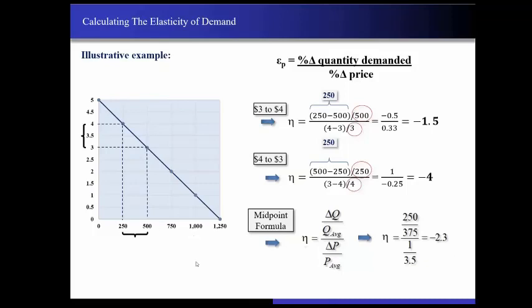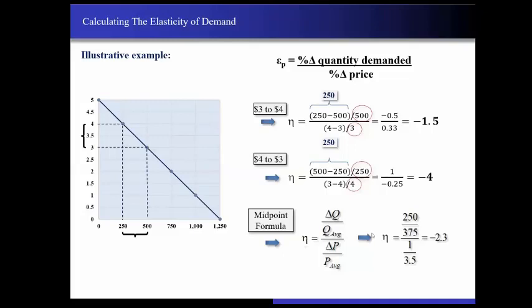So basically, if you're doing it this way, if we go from 3 to 4, then the elasticity here is -1.5. If we go from 4 to 3, it's -4. But if you think of points that are very close to each other, the numbers are going to be sort of similar. What we're going to do is calculate what the elasticity would be at this point right in the center.